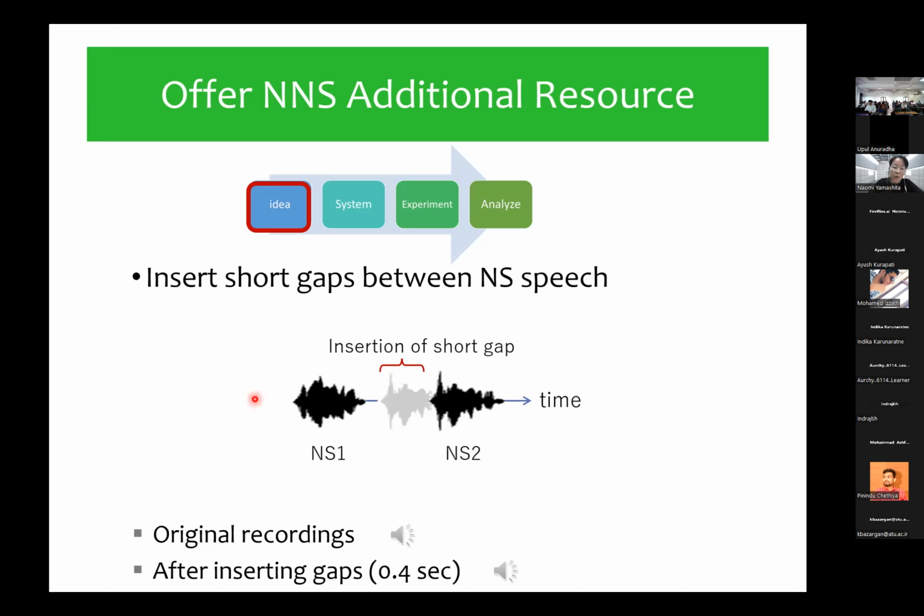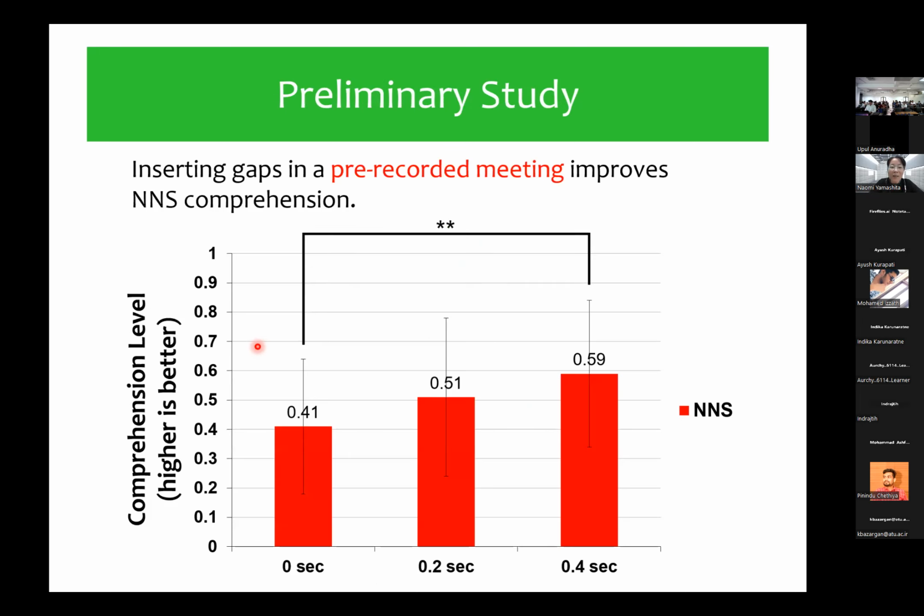I don't know how you felt while listening to this, but for non-native speakers, it sounds like the speech speed is not changed, but we feel like the speech speed has dropped. This is quite interesting. I inserted these short gaps in between the native speaker speech in a pre-recorded meeting and tested whether it improves non-native speaker comprehension.